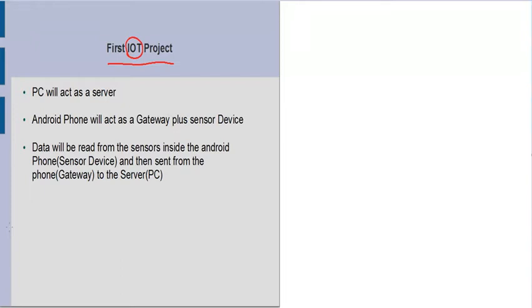Maybe some small tiny Android device, and then maybe a certain gateway in between, and then a server. But then I thought, let's keep it simple so that it is easily understandable, and you get the concept of what an IoT ecosystem actually is and how it works.